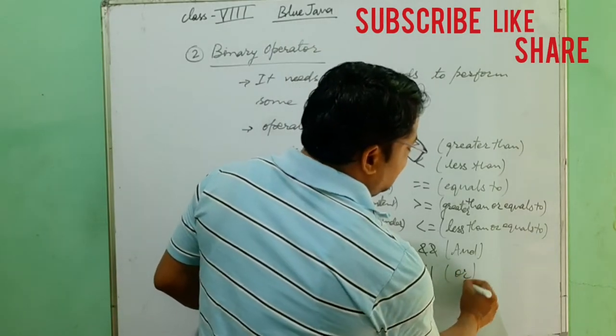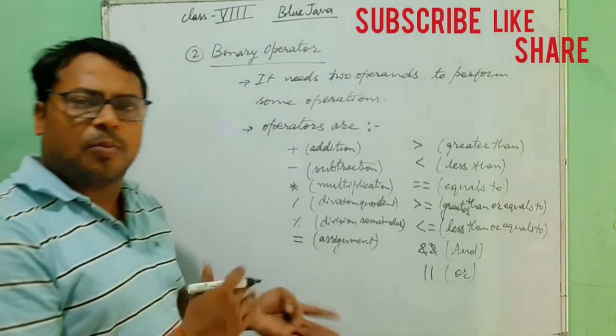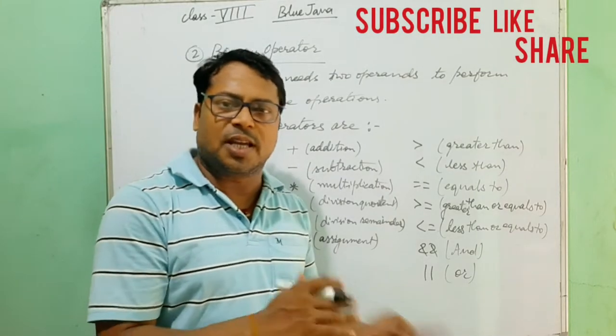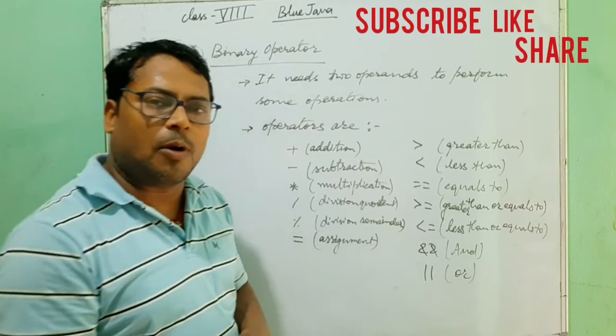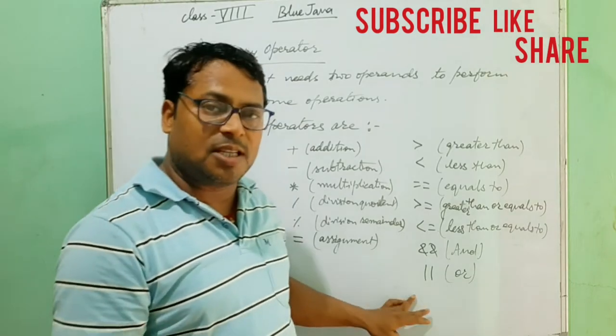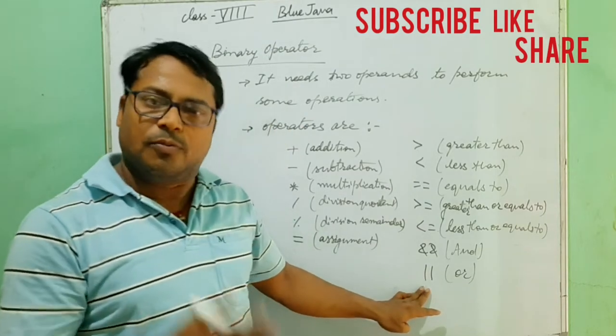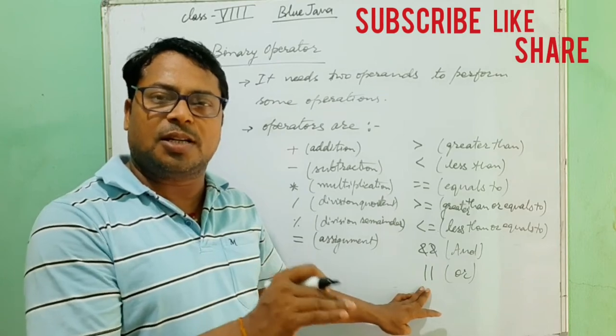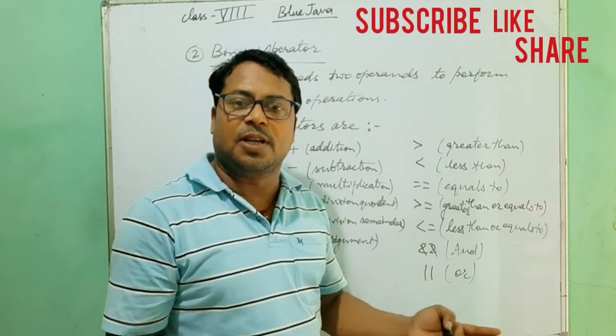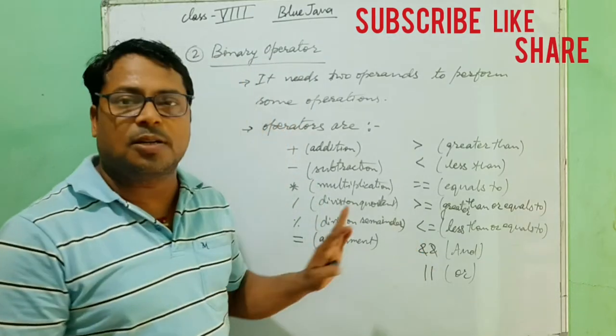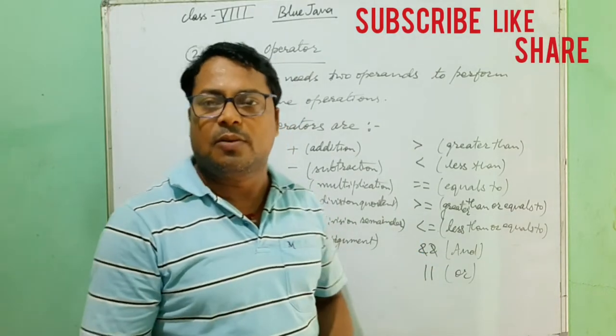This is or, which means we are checking whether any one operand's result is true. If any one side of the operator, that expression, gives the result true, then or will result true. And when both sides of the expression give the result true, then and will result true. Otherwise it will result false.